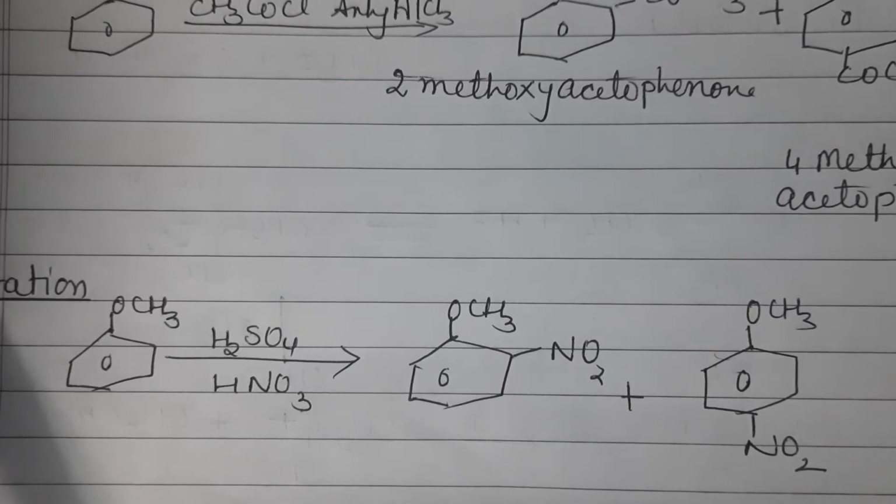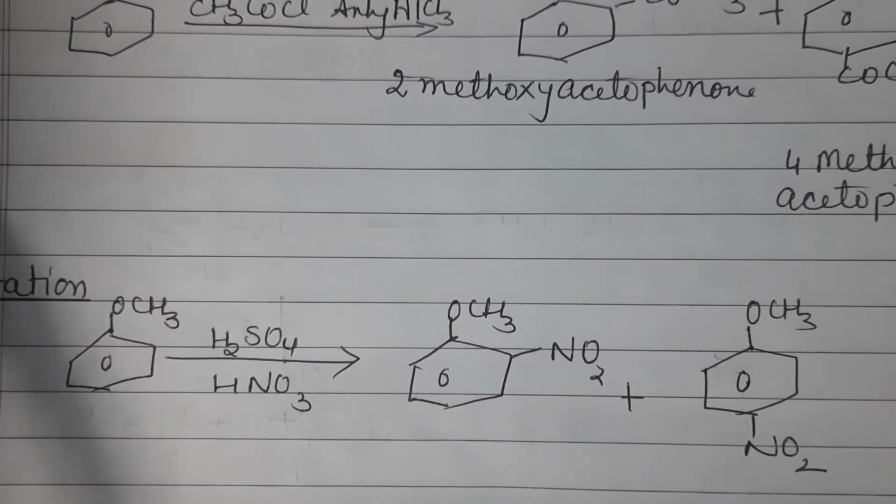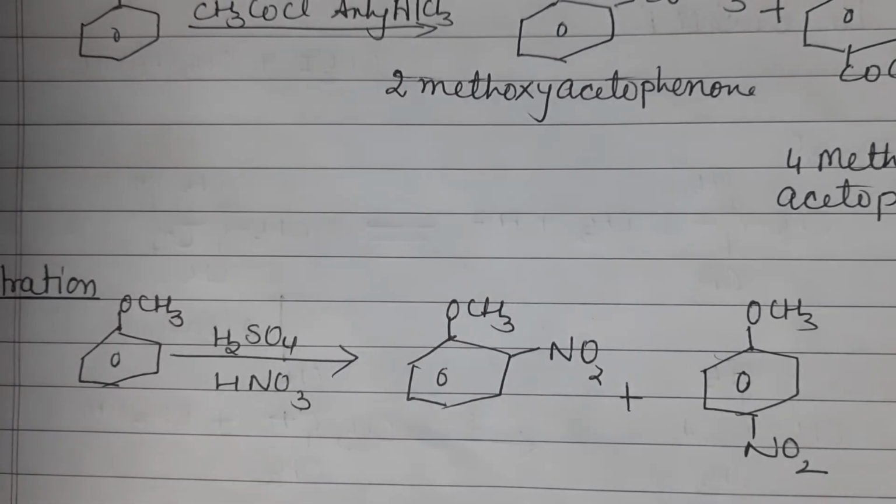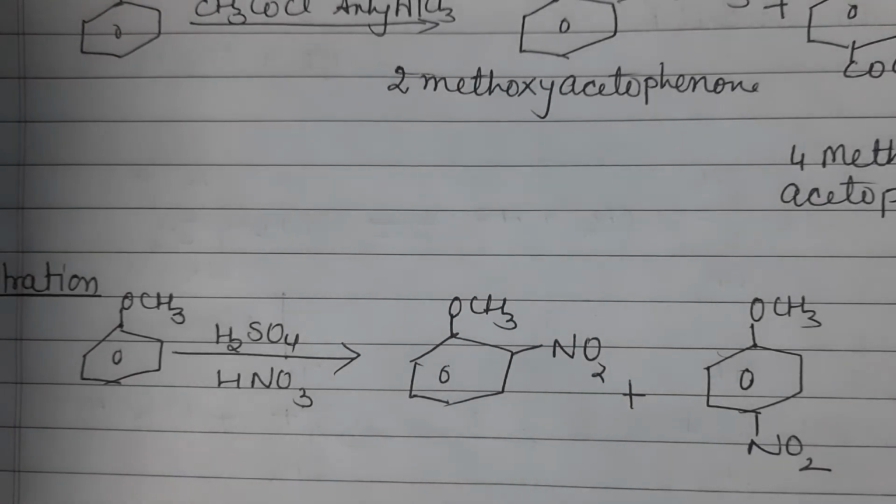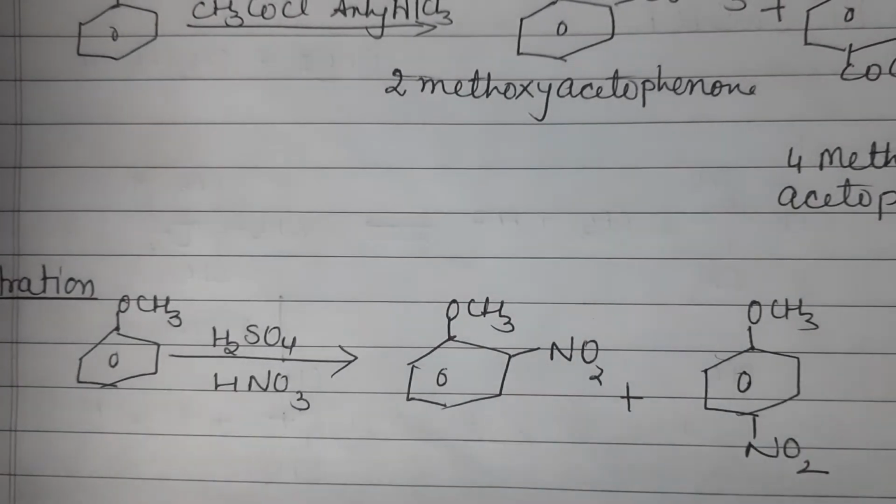So before using an old sample of ether, we first check for the presence of ether hydroperoxide formed due to oxidation. That's why we store ether in a brown colored bottle, because in the presence of air and sunlight, ether undergoes oxidation.